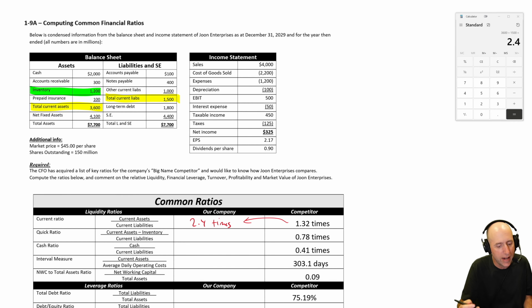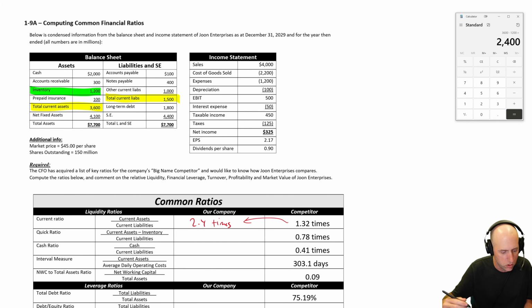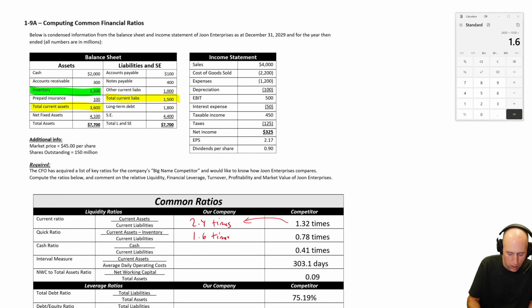So take that out and see how you're doing. 3,600 minus 1,200 gives us 2,400 as our numerator, divided by 1,500. So we're at 1.6. A little rule of thumb here is if it's 1 or more, you're doing okay. Even 0.8 or more, you're doing all right. So we are quite liquid as far as this goes.